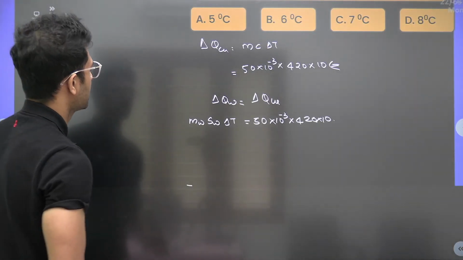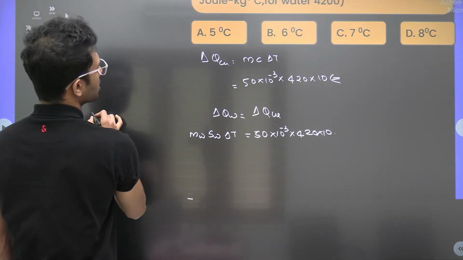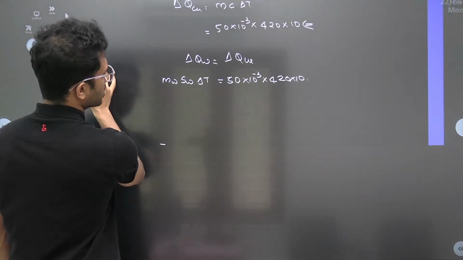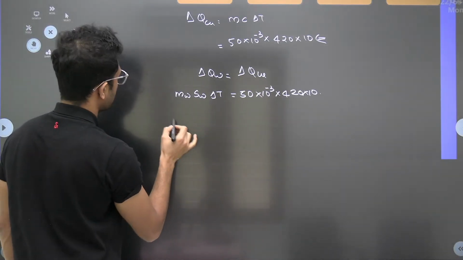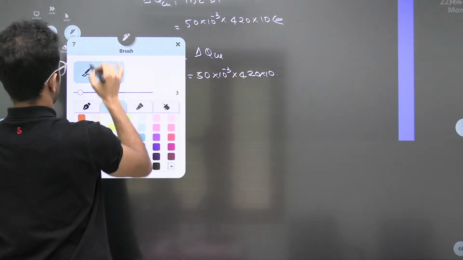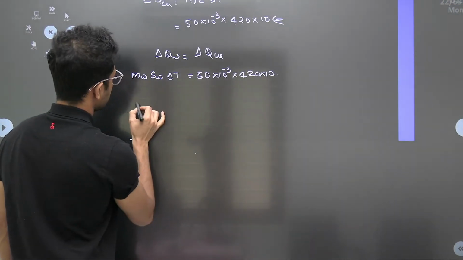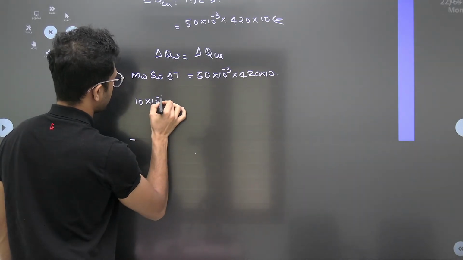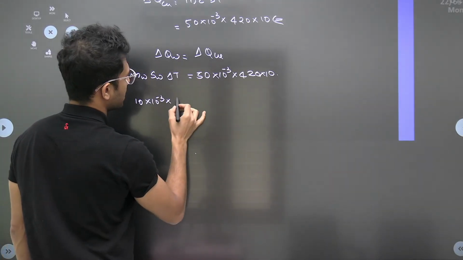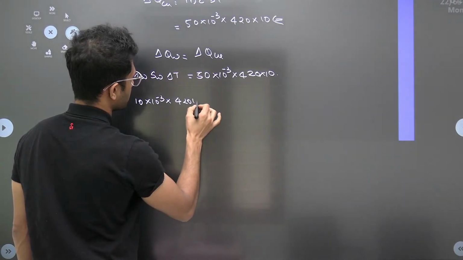Substitute. What is the mass of water? Mass of water 10 grams, that is 10 into 10 power minus 3. So specific heat capacity of water 4200.